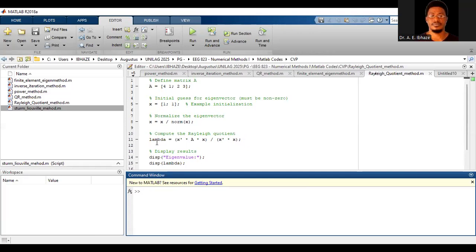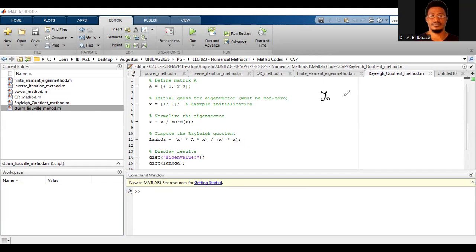So in this case, we start with the initial guess, say Y0. And then we compute lambda naught as Y0 transpose A Y0 over Y0 transpose Y0.